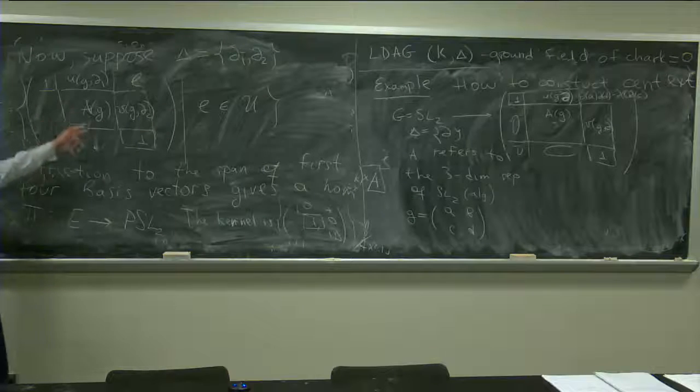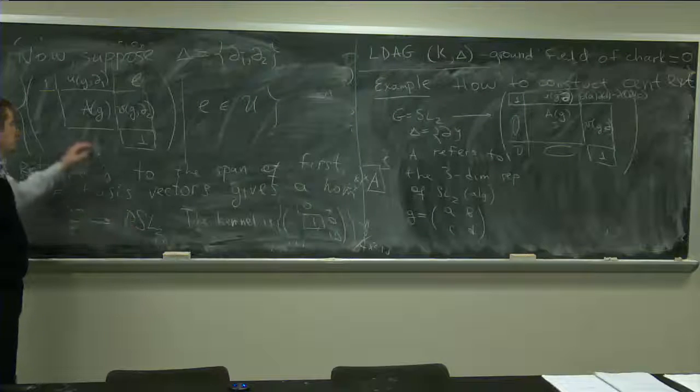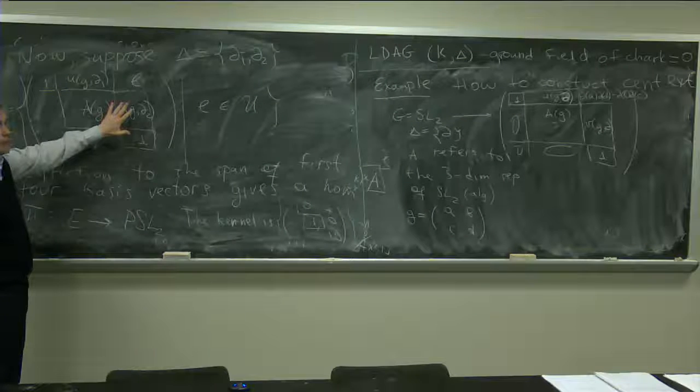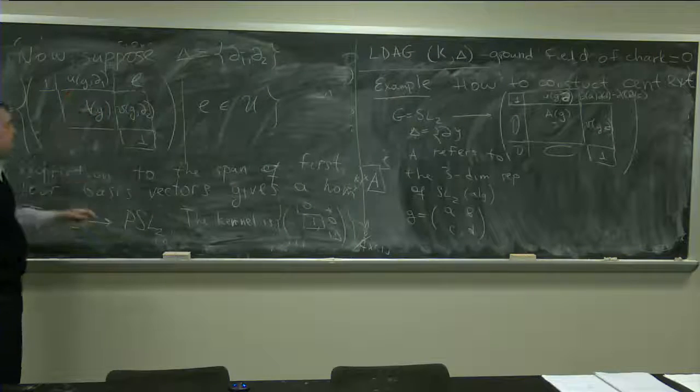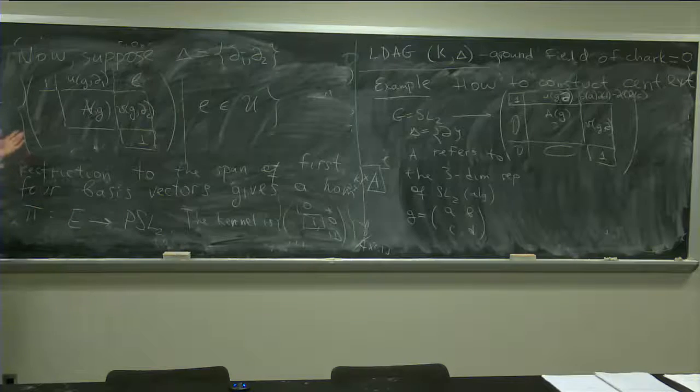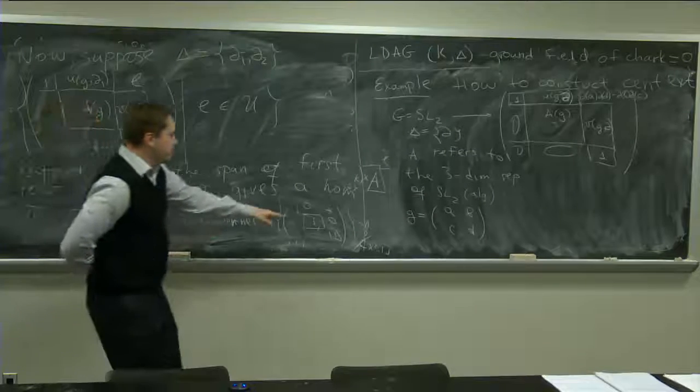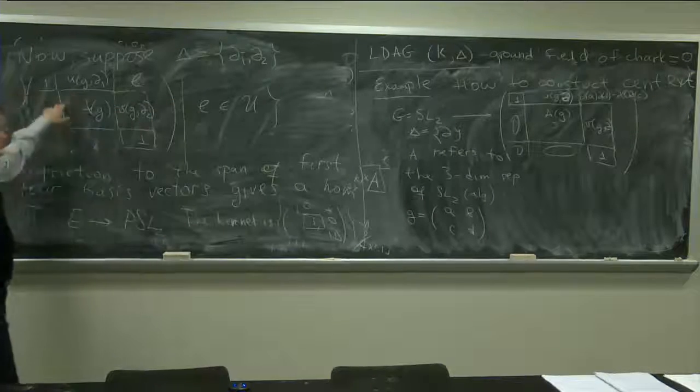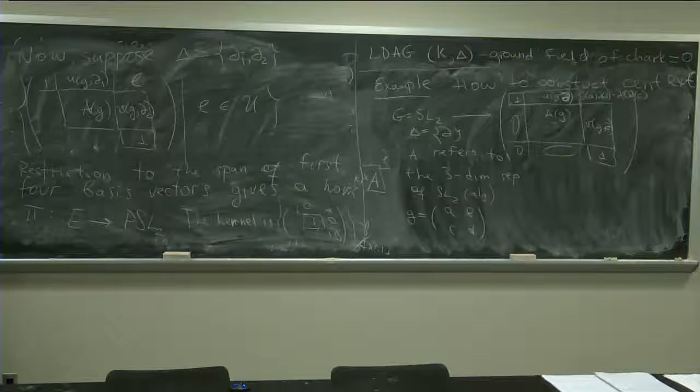So the preimage of the matrix 1 here. So we have 1 here, we have 1 here, which means exactly this type of matrices. And these matrices belong to the center of this group. You can check that they commute with everything.